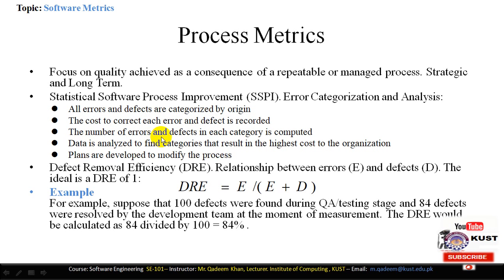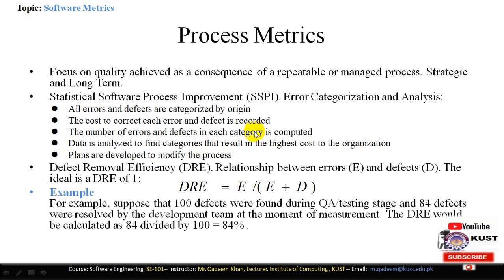The number of errors and defects in each category is computed. The number of errors and defects that occur in the project for each category should be counted and documented. Data is analyzed to find the categorization that results in the highest cost to the organization.